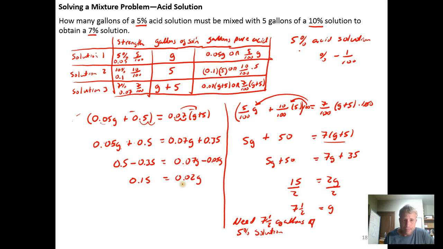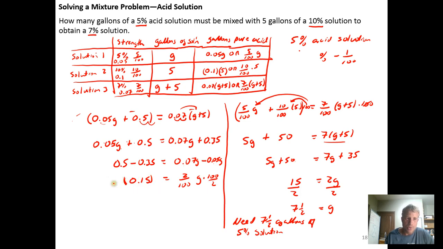And here, if you didn't want to deal with this nasty division, you could do what we did earlier and say, what does 0.02 mean? Well, this is 2 hundredths. And then you could replace this with 2 over 100. And then to get the 1 on the g, you could multiply by the reciprocal, 100 over 2.